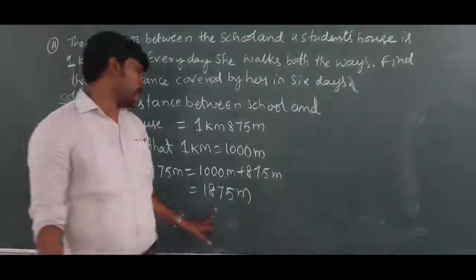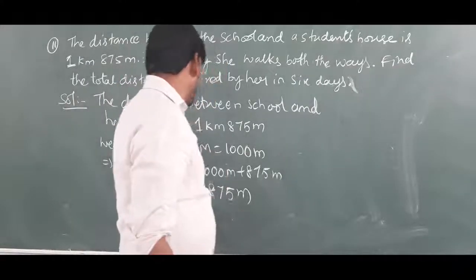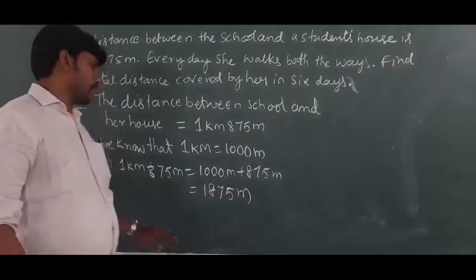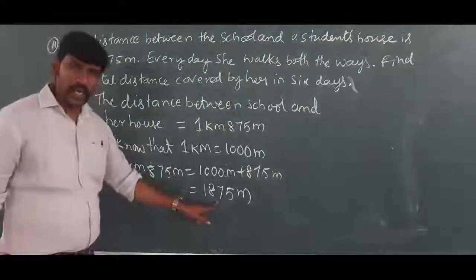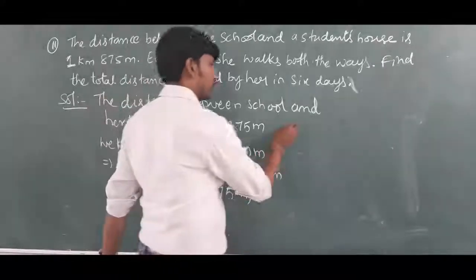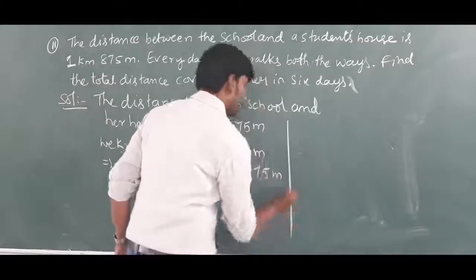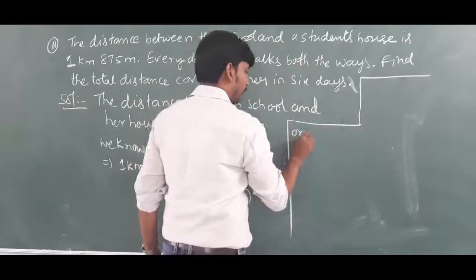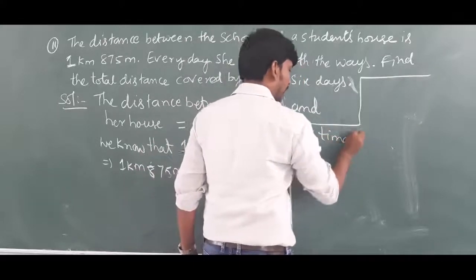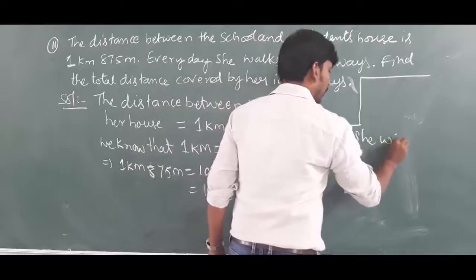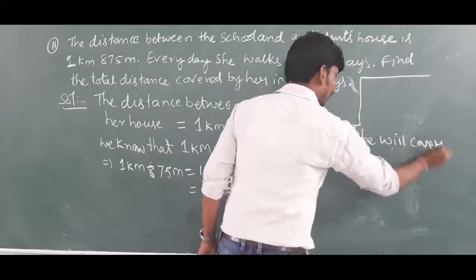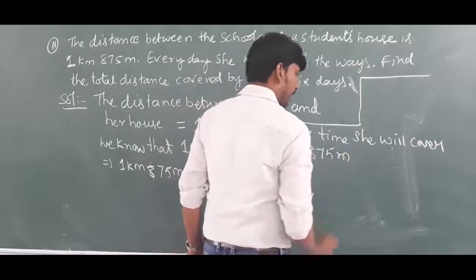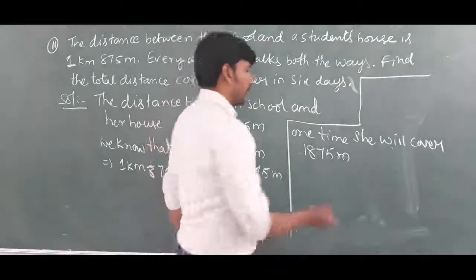Okay, children. Now, daily she will come to school and she will go back to her house. So 2 times. This is only 1 time. One time she will cover 1875 meters of distance.